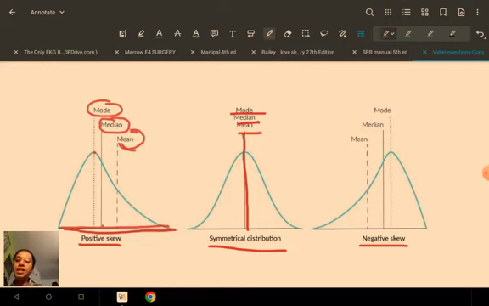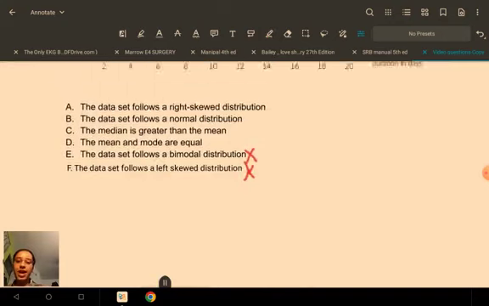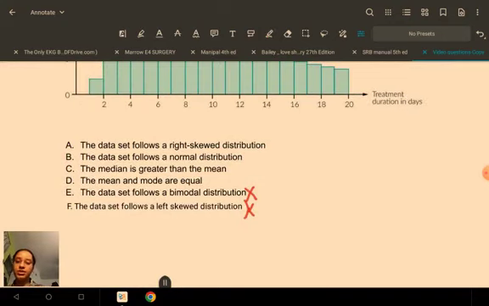Now mean is the value that is most affected by the outliers. Then we can see the negative skew also. So just keep in mind, at the peak we'll have the mode, then we're going to have the median, because it's the middle value when the data is arranged in ascending or descending order, and mean is the average value. Now let's come back and take a look at this question again.